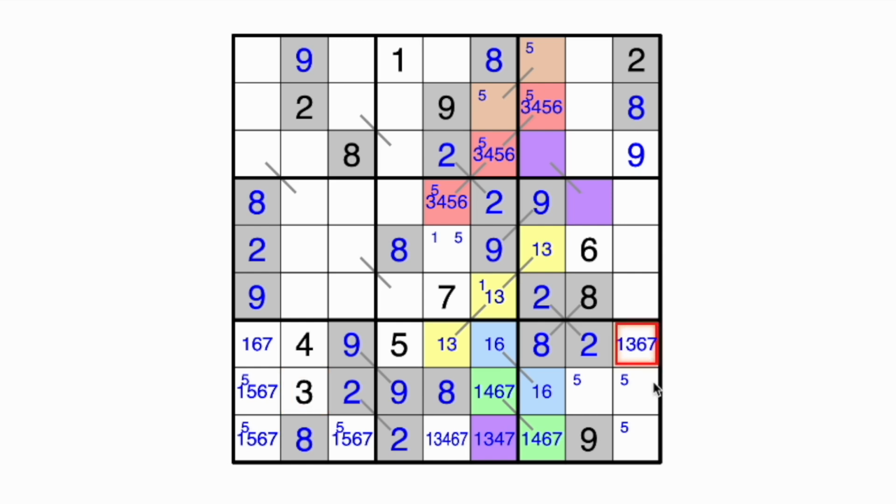3 over here has to be one of these two. And that puts a 3 in one of these two. Purple. Yeah, it still could be. Because this is 1, 3, 4, or 7 by this one.